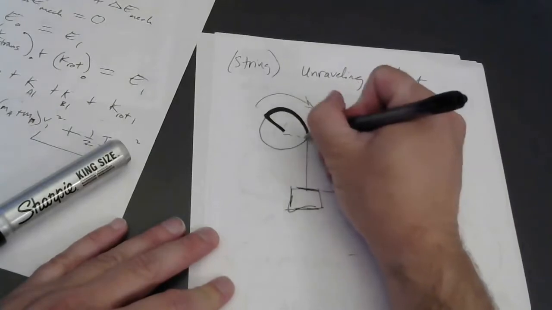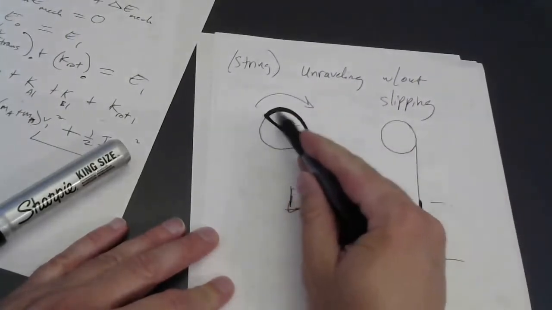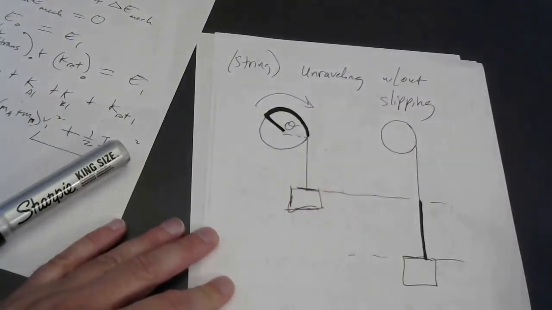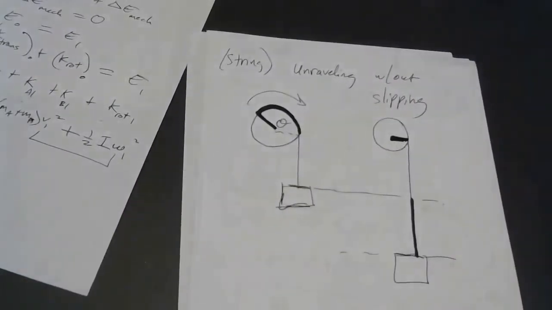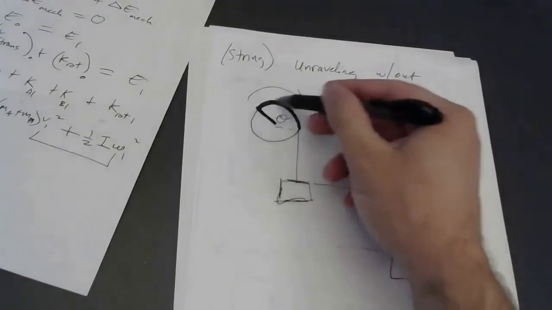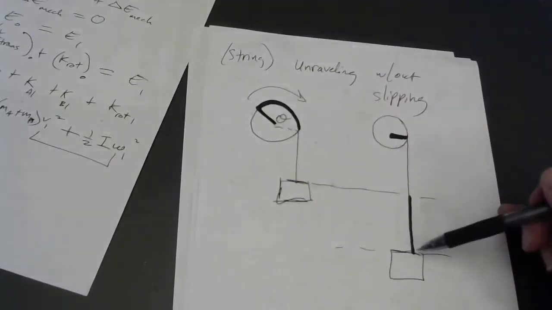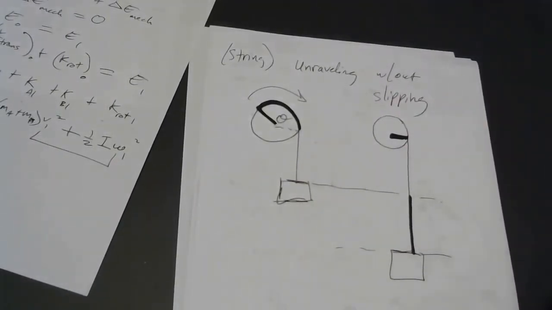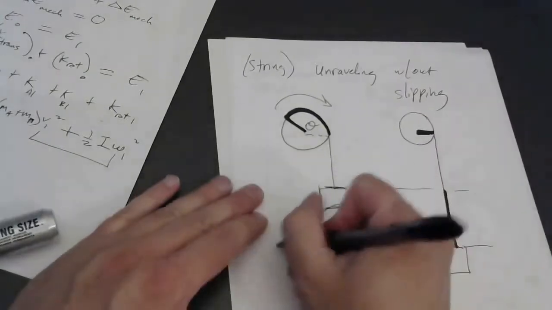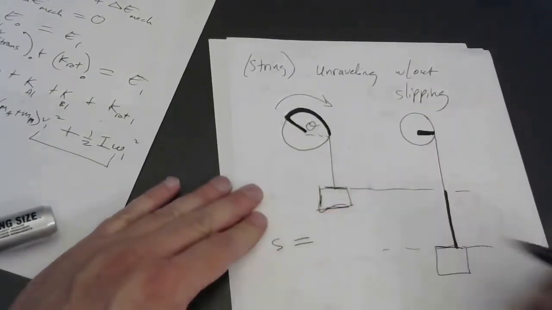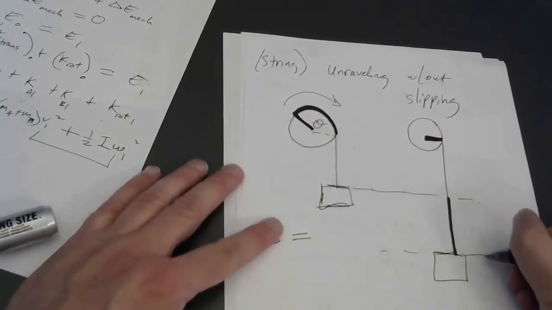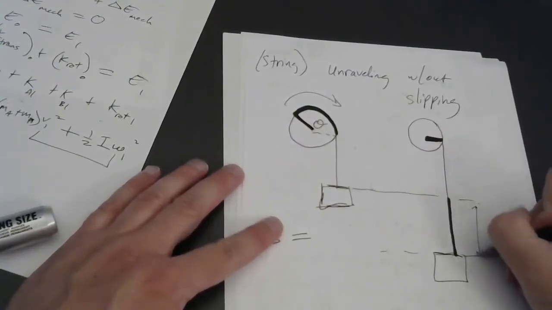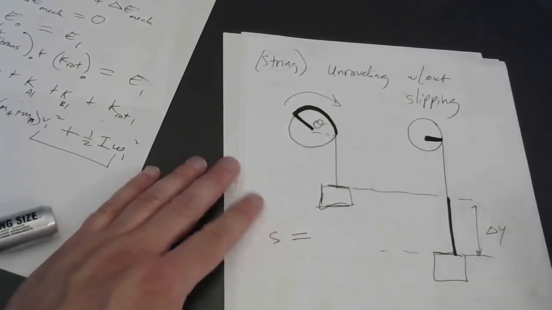So if we're going to turn through angle theta to get to here, so this radius will end up right here, then this arc length has to equal the extra length of the string. You could probably come up with a better drawing there. In other words, the arc length has to equal, well, since this thing is moving down through a height h, I'll call it delta y.